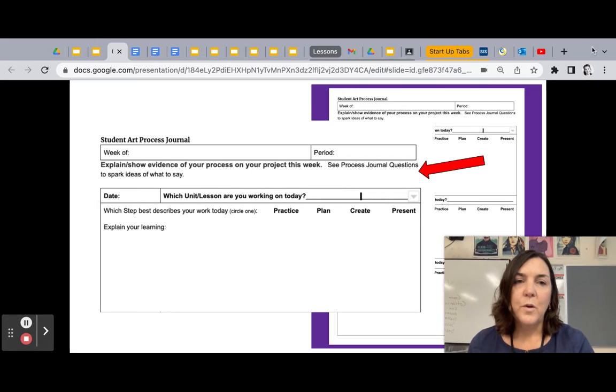Often you can complete more than 1 lesson in a day, so record that too. The next question asks which step best describes your work today, and you have a choice to circle practice, plan, create, or present. These represent the steps of the artistic process, so let's take a closer look at each of these 4 choices.